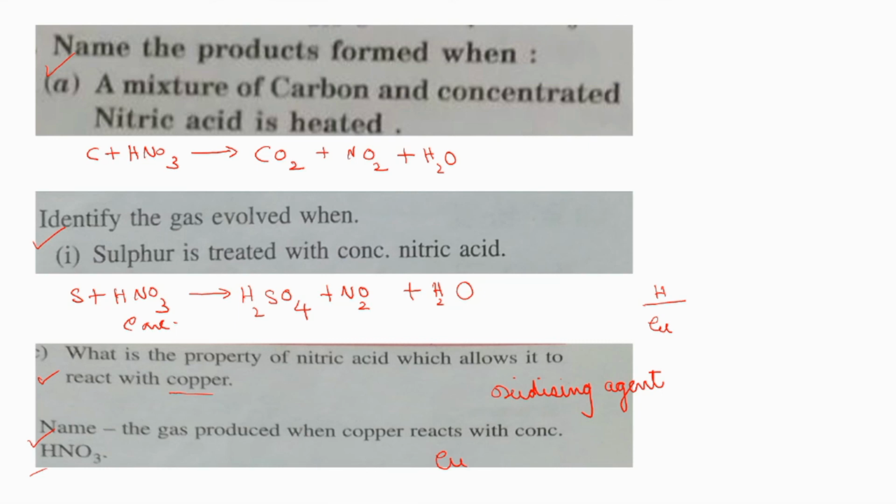Copper plus concentrated nitric acid. Whenever concentrated nitric acid is involved, one product will be nitrogen dioxide, another product will be water, and copper will be converted into copper nitrate. But they are asking which gas is produced, so you can say nitrogen dioxide will be the gas produced.